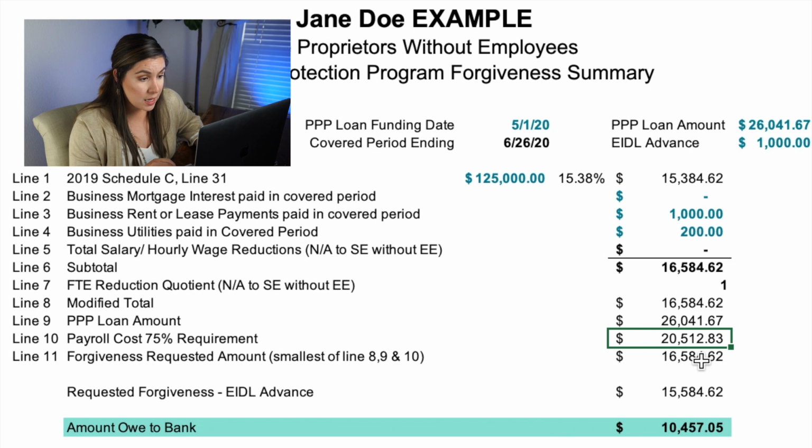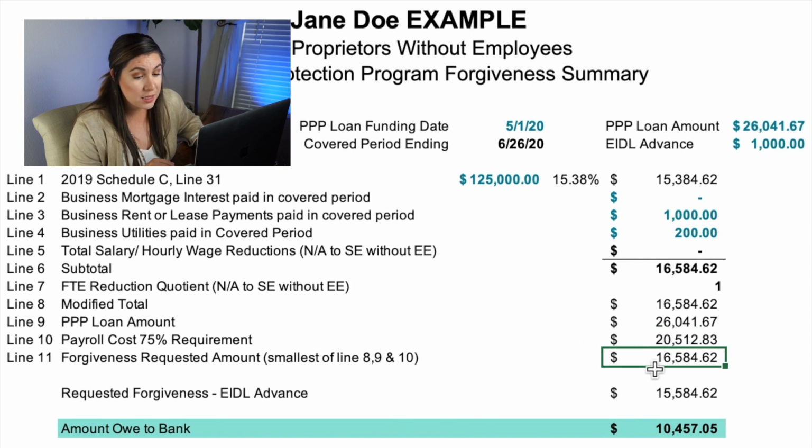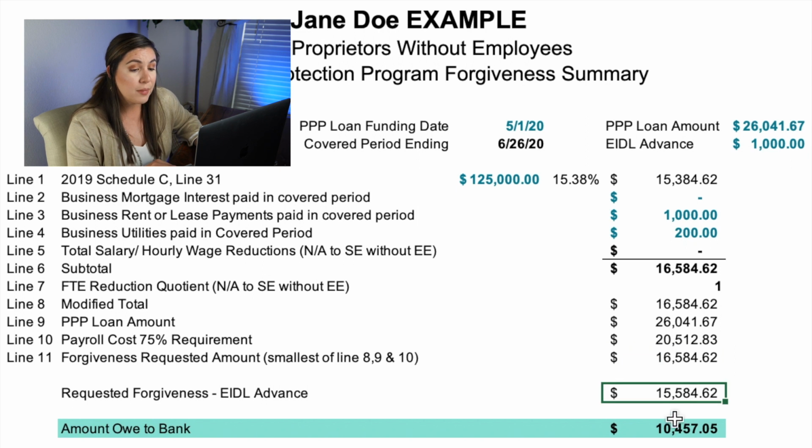We're going to take line 1 and multiply it by 0.75 to give us 20,512.83. And line 11 is telling us they want to know what is the smallest of line 8, 9, and 10. So that was 16,584.62.